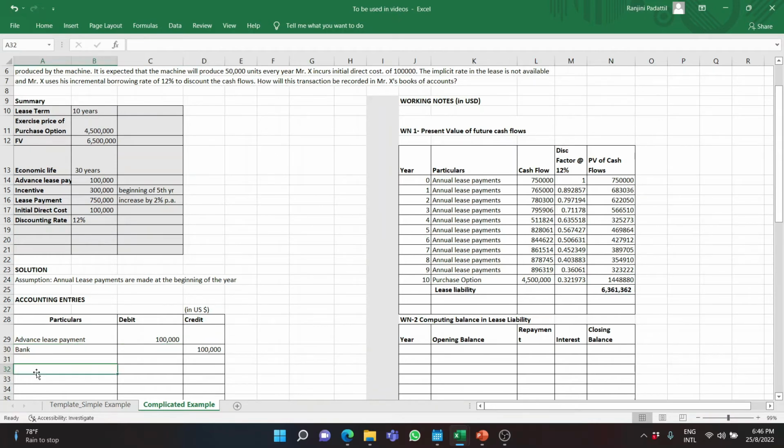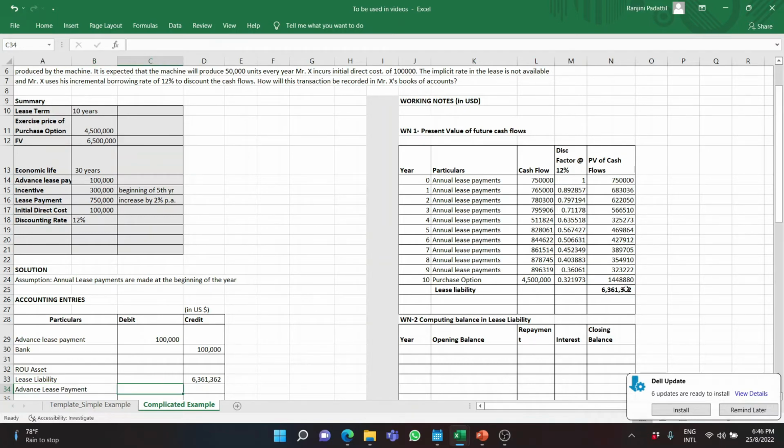The second journal entry is on the date of commencement when you are recording the lease. ROU Asset debit, lease liability credit. We know the amount. We pick it up from here. And then there's also an advance lease payment that we did.